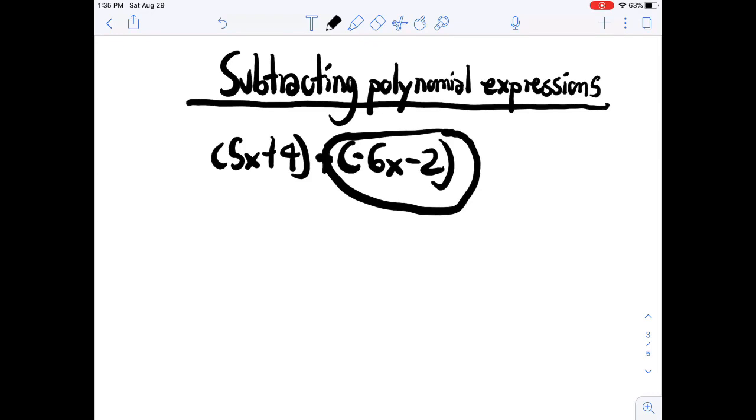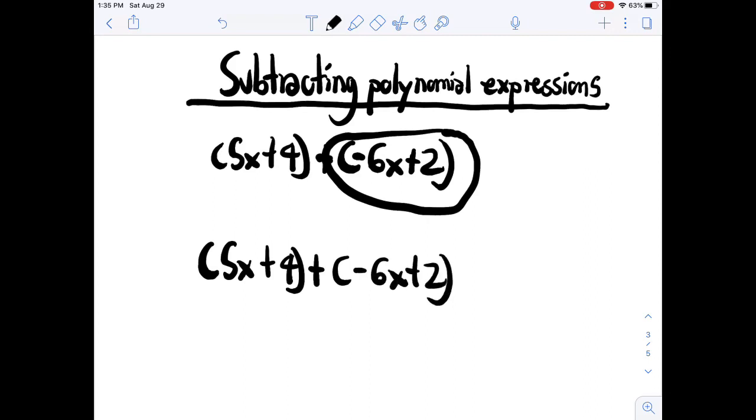So the positive 6x becomes a negative, and then the negative 2 becomes positive, and so we end up with 5x plus 4 plus negative 6x plus 2. And that's really just 5x plus 4 minus 6x plus 2.